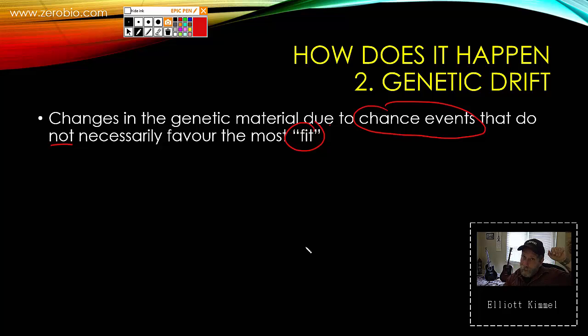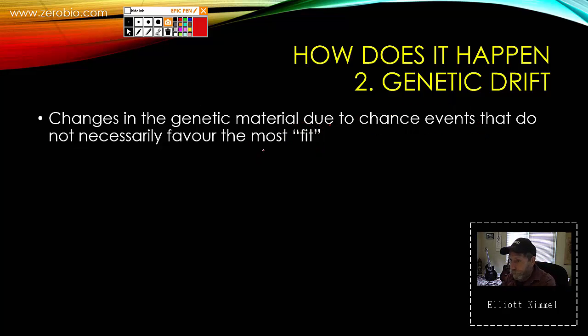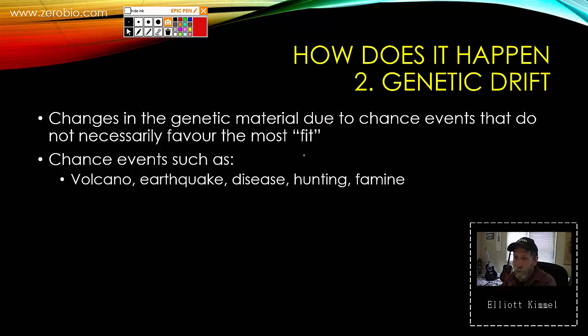Now think of a raft just drifting down sort of by chance, going down the stream. This is changes in the genetic makeup of a population by chance. Now I'll illustrate this with some examples for you. Chance events such as volcanoes, earthquake, disease, hunting, famine, these are all things that don't necessarily favor the most fit.